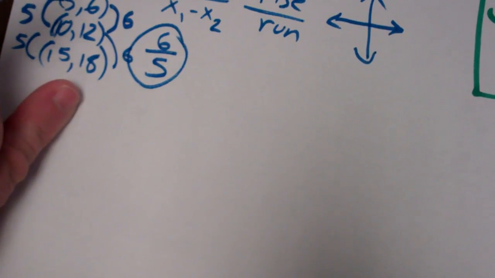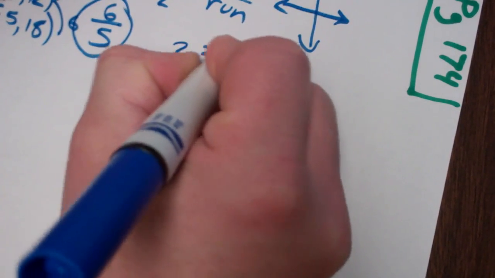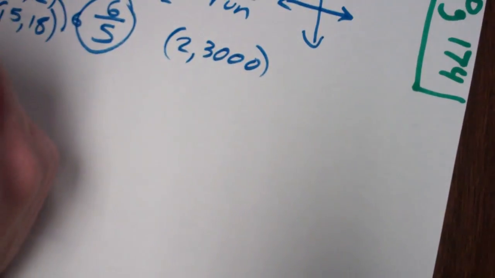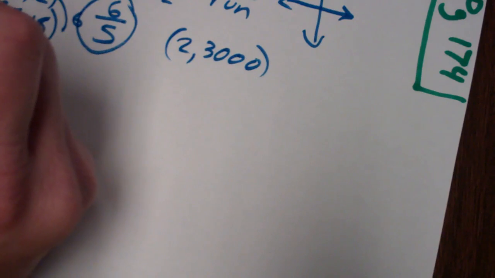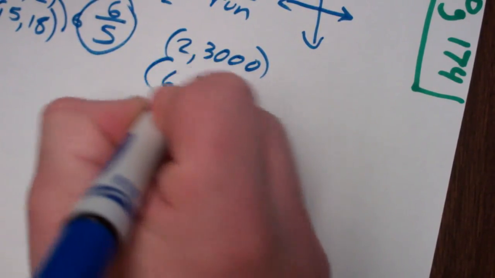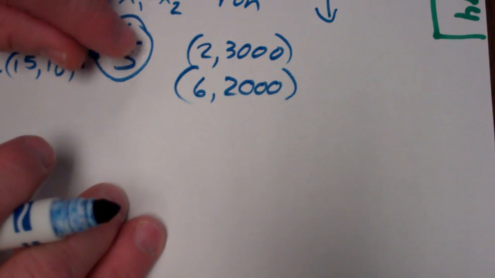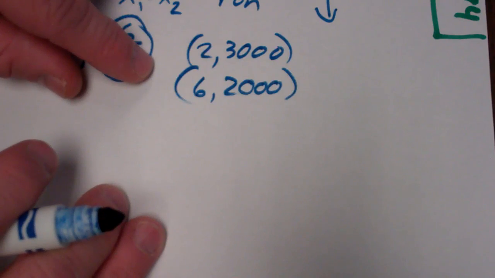They all look like they're in a line, but one of the points there is 2, 3,000. And another point is 6, 2,000. The problem is if you only use 2 points, you'll always have a constant rate of change between 2 points. So we're really going to have to find that third point, even though it's a little bit hard to read.